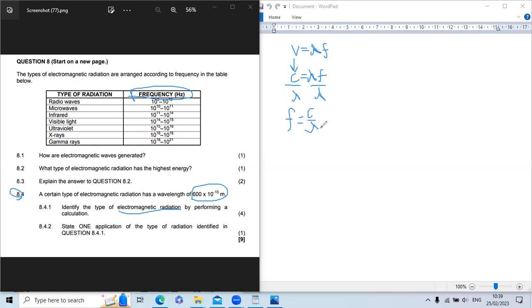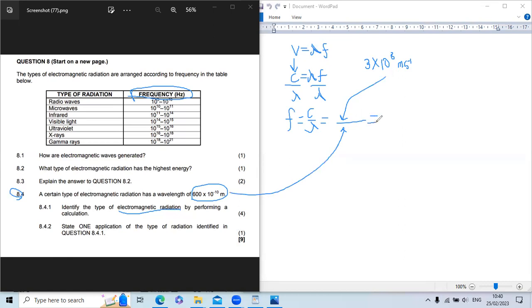the speed of light divided by the wavelength. Now the speed of light is a constant, which is 3 times 10 to the exponent 8 meters per second. So this is going to be placed here in place of c, and this is going to be placed here for the wavelength.